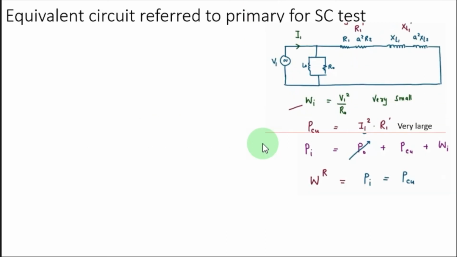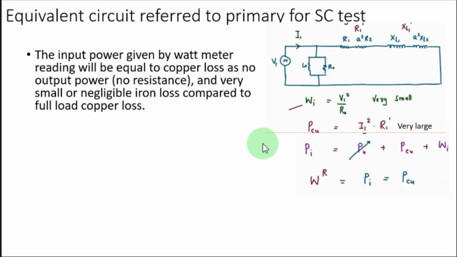If we look at the equivalent circuit referred to the primary that is used for this short circuit test, it will look like this. This is the primary winding resistance and this is the secondary winding resistance referred to the primary winding, and similarly the leakage reactances referred to the primary side, and this is the core losses.